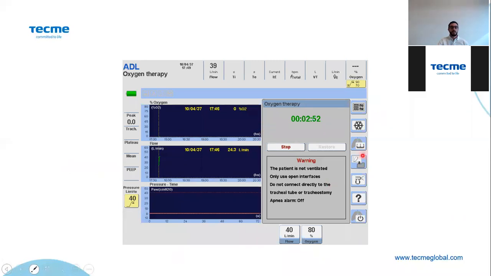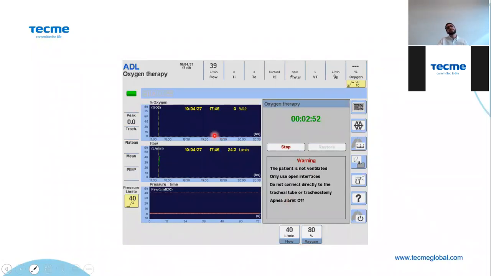Here is the ventilator screen. You only have to set the flow and the oxygen concentration. For the flow, you can set it from 1 up to 80 liters per minute, and the oxygen concentration between 21 and 100% as usual. So when you set both parameters, you start the ventilation and the ventilator will deliver the preset high flow in a continuous way.